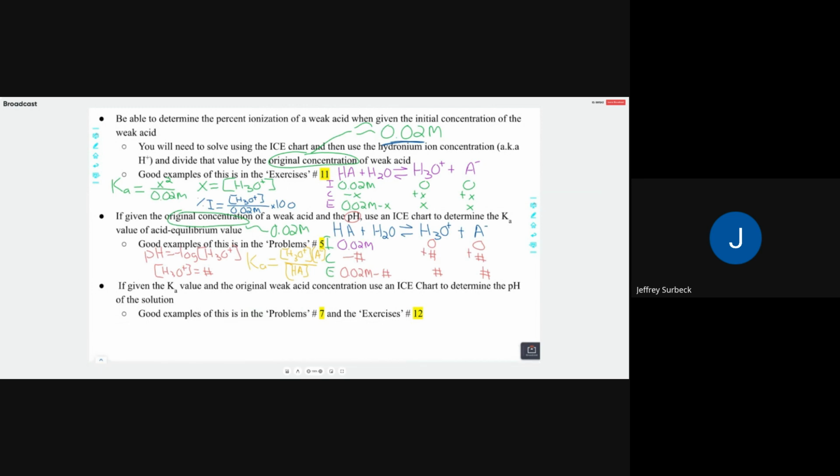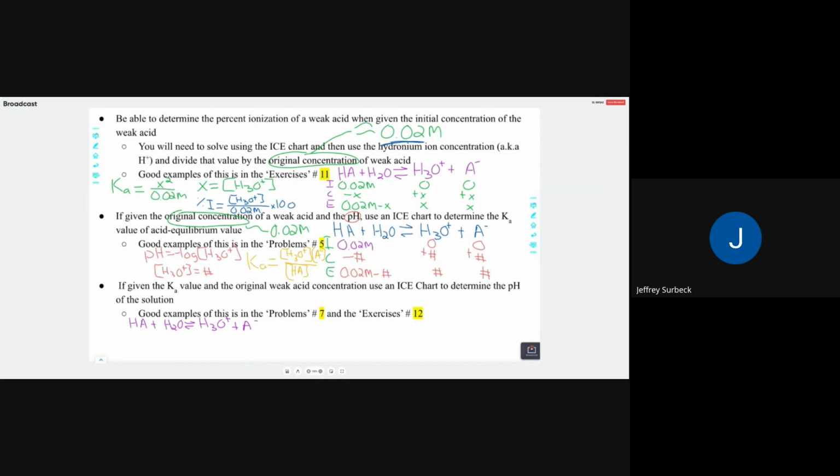But you are needing that H3O plus to solve and plug into the pH formula. So again, just an example. Let's say we have HA, some generic weak acid, plus our H2O. We go to equilibrium. We get H3O plus, which is our item of interest, plus our A minus.